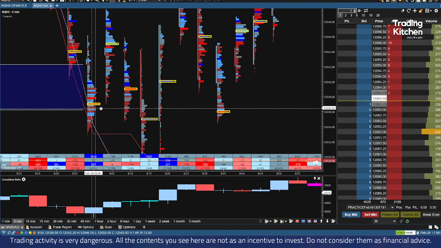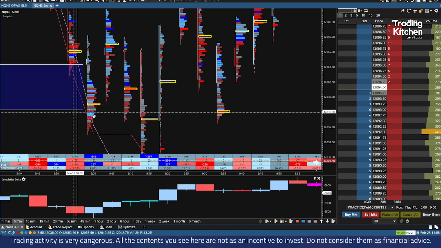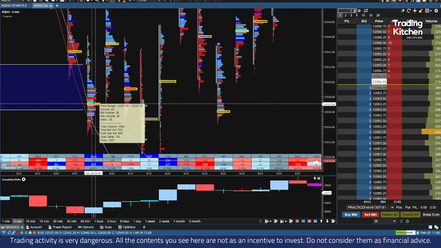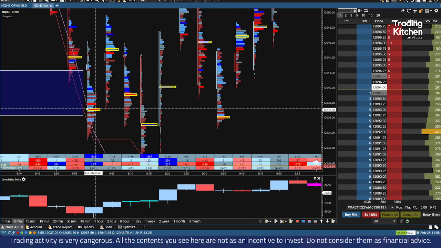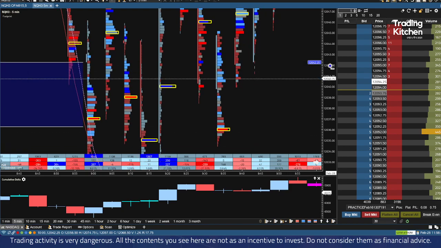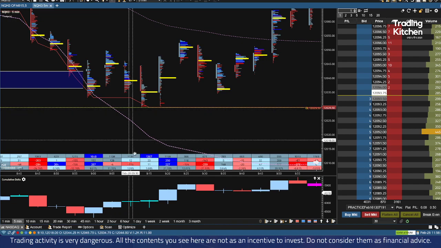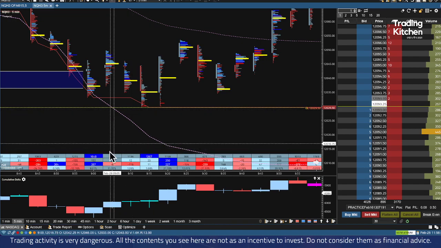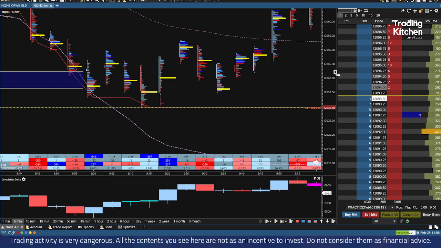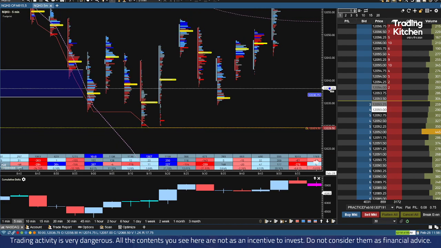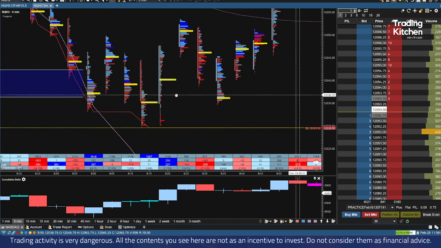So the greatest amount of contracts inside this bar is here, and this is bearish. So why did price not make a strong move here? This is the first thing that you must wonder to yourself.